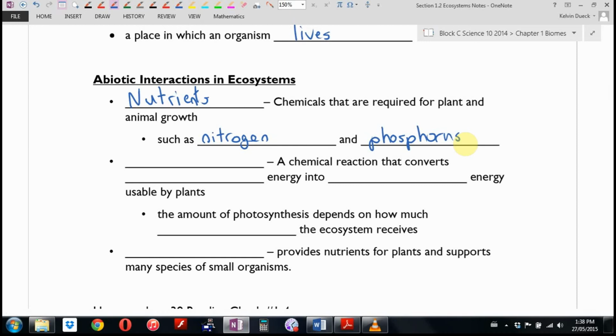Up until then, the main source of nitrogen was waste products from living things, and you can use your imagination and figure out what we mean. But manure was the best source of nitrogen, but there was a limited amount of that. As soon as we found out how to create chemical fertilizers, agriculture took way off.